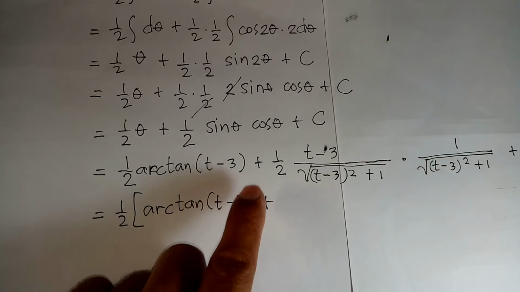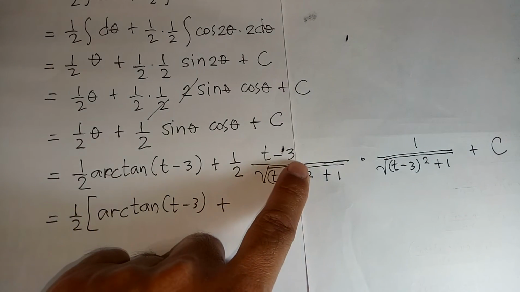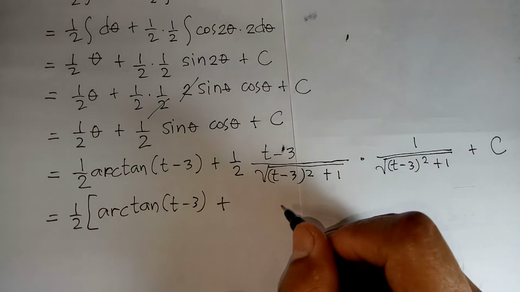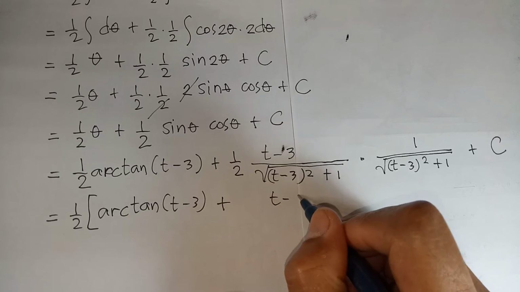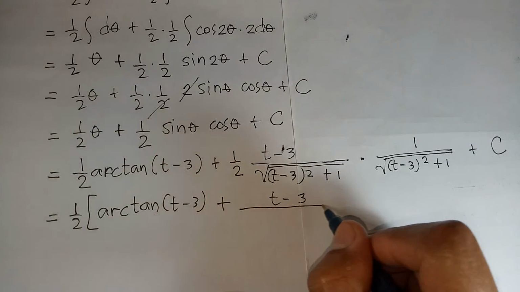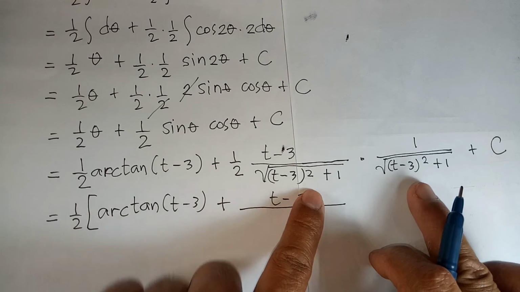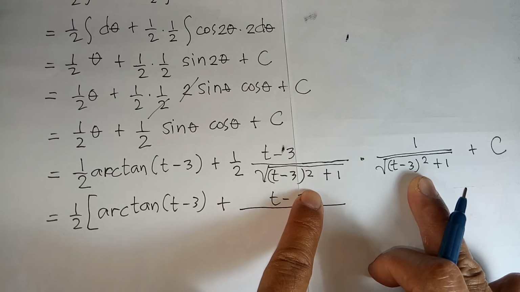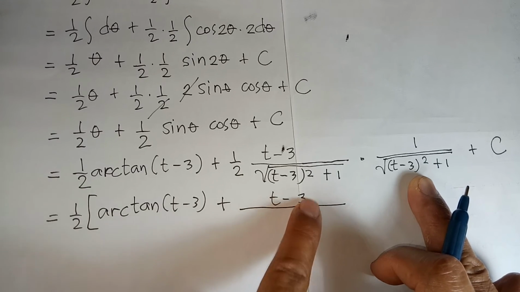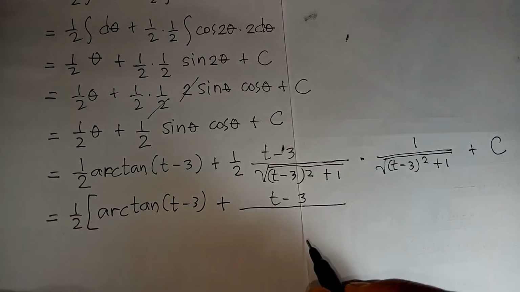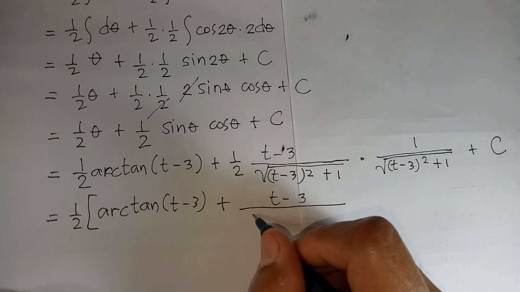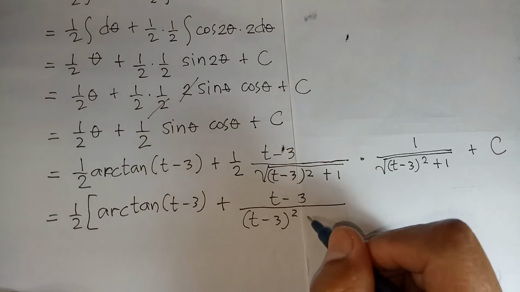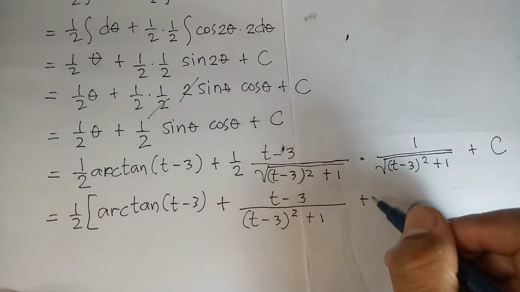Dito, meron tayong 1 times t minus 3 times 1, so ang sagot niya ay t minus 3, divided by. Pag minultiply natin yung dalawa na square root of (t minus 3) squared plus 1, the product is (t minus 3) squared plus 1, and then plus c.